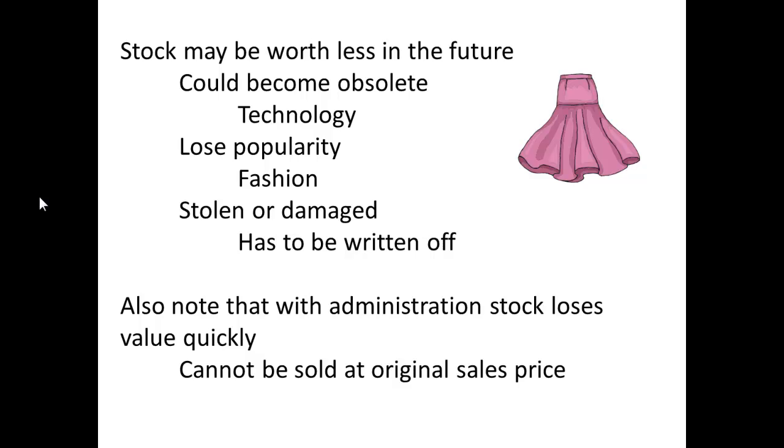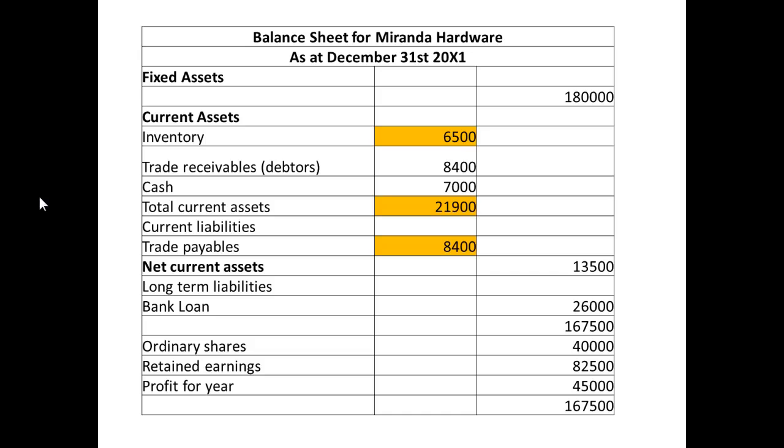And of course inventory could be damaged or even stolen, in which case it has to be written off as a value. You also might note that when a company goes into administration, stock loses value very, very quickly, and it can never be sold at its original sale price.